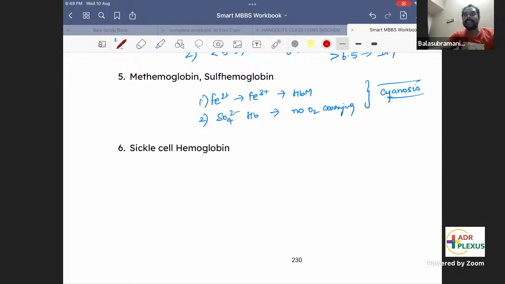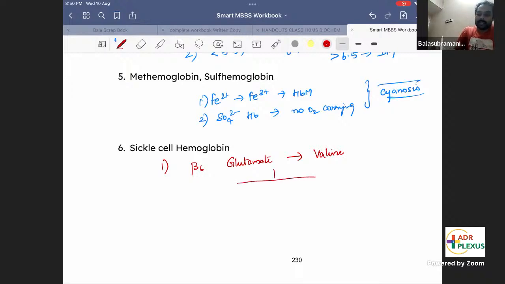Again and again, they ask you one question in your examinations, that is sickle cell anemia. So the basic pathology here is at the beta 6 position of the beta globin chain of hemoglobin. There is an amino acid called glutamate. It is replaced by another amino acid called valine. Now, because of this replacement there are two changes.